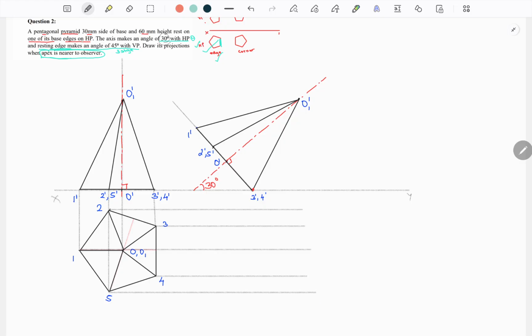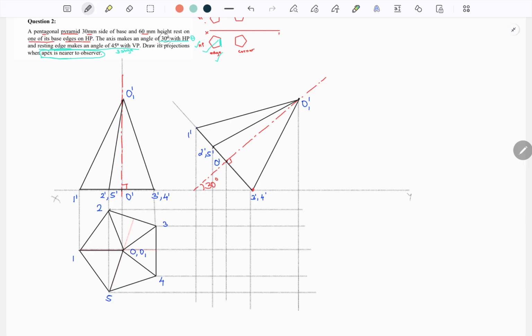Okay, then let us take vertical projection. 1 dash vertical, 2 and 5 vertical, 3 and 4 vertical, O vertical, and O dash vertical, O1, O dash.